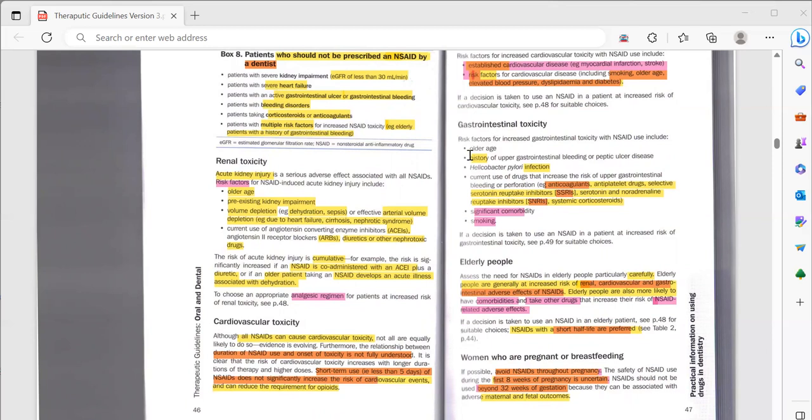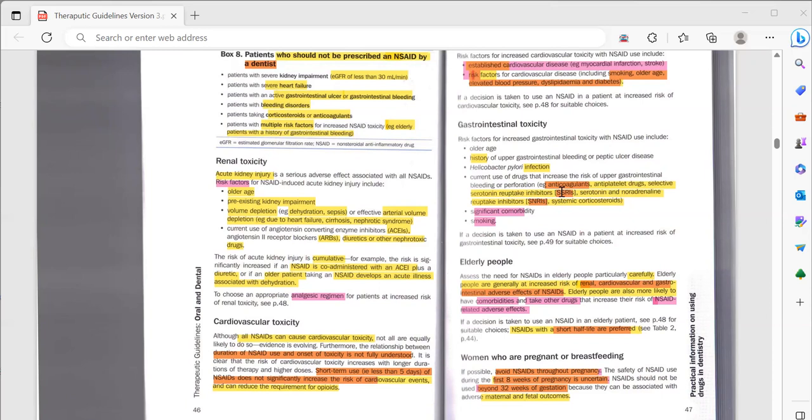First of all, if the patient is old. Second, if he already has a history of upper gastric bleeding or peptic ulcer disease. Then Helicobacter pylori infection, or if he is using additional drugs that increase the risk of upper GIT bleeding or perforations. For example, which drugs can increase the risk of bleeding?